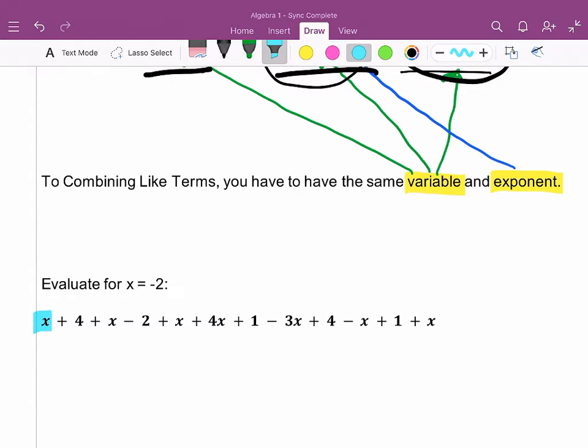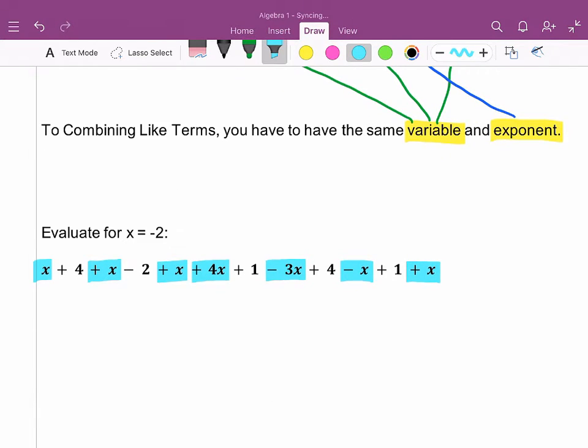X here. Make sure you grab the sign. An x here. An x here. Plus 4x here. Minus 3x, that's why it's important to get that sign, minus x, and a plus x. Let's go ahead and combine the x's. We'll get to the rest of the problem.